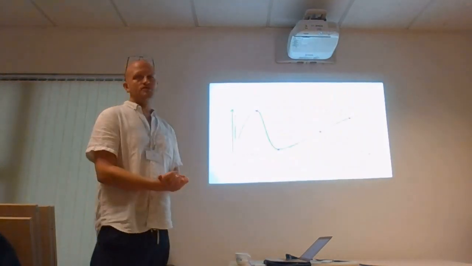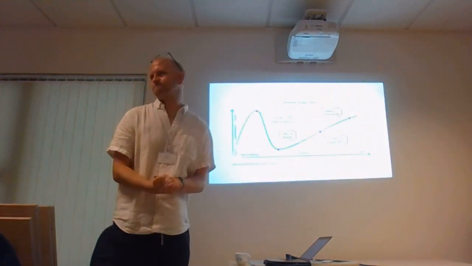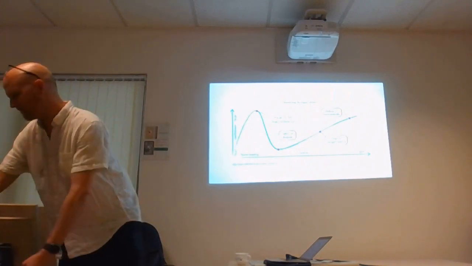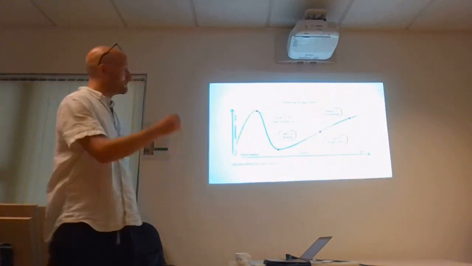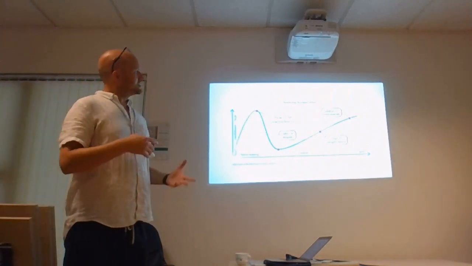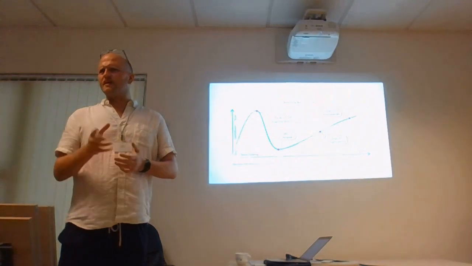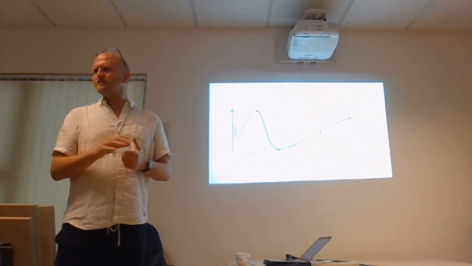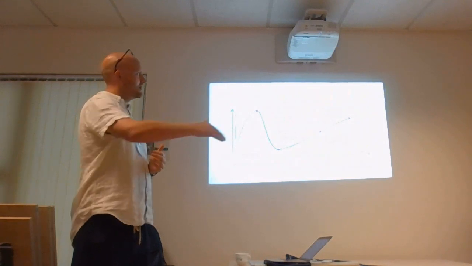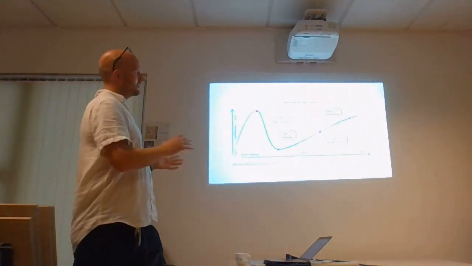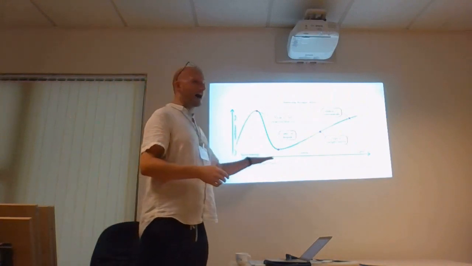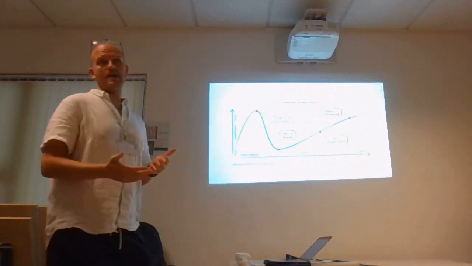Okay, so who's heard of the Dunning-Kruger effect? The internet is a big fan of this, right? It comes from a couple of psychologists in the late 80s, early 90s, I think. They came up with the idea that the relationship between your confidence in your ability and your actual ability is not linear.